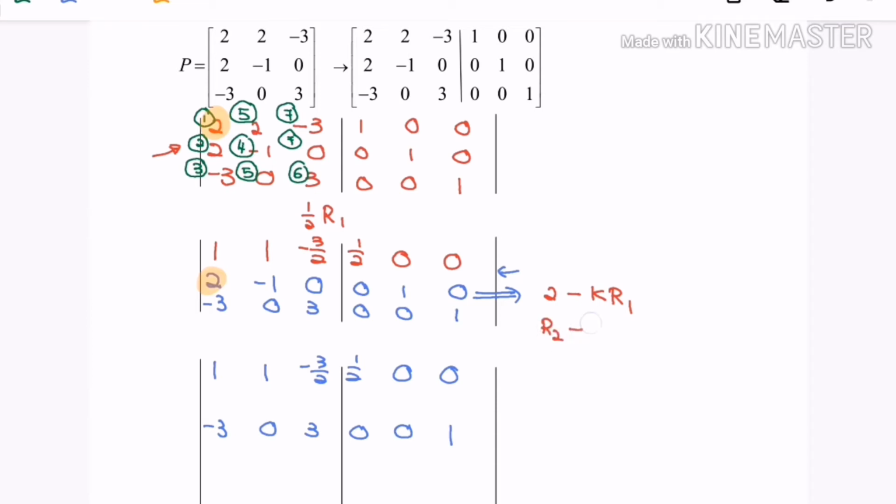Multiply any value k with R1. Here our R1 is 1. So what we have to do is R2 minus 2 R1. Okay? With the help of the calculator, so that we can reduce our burden.